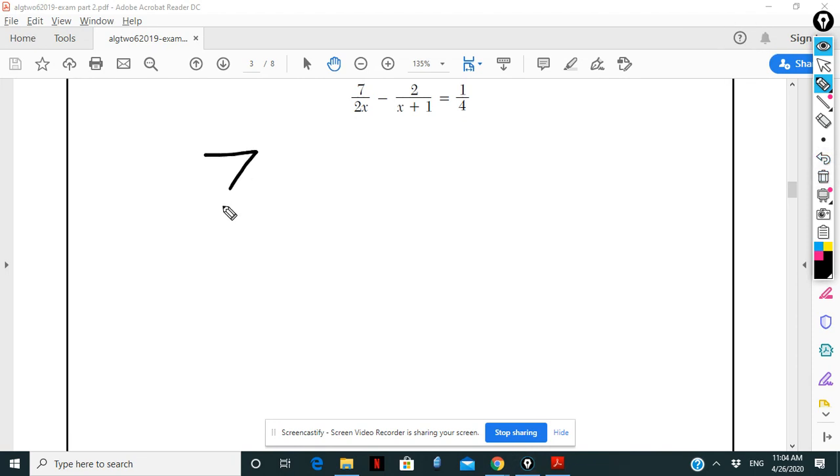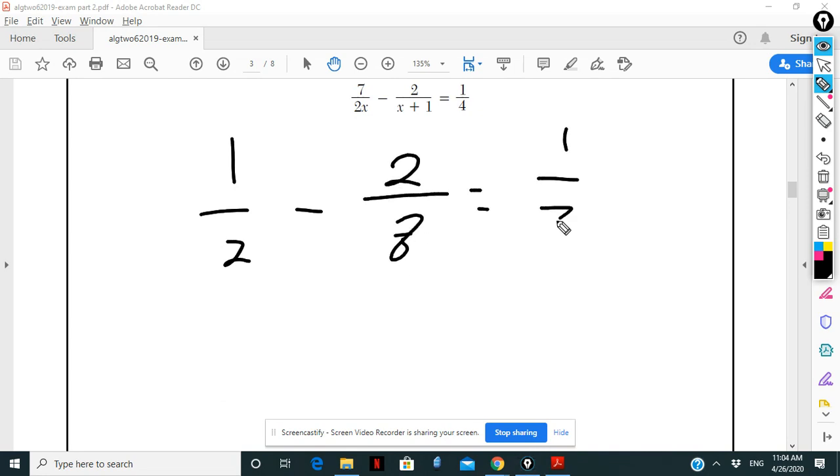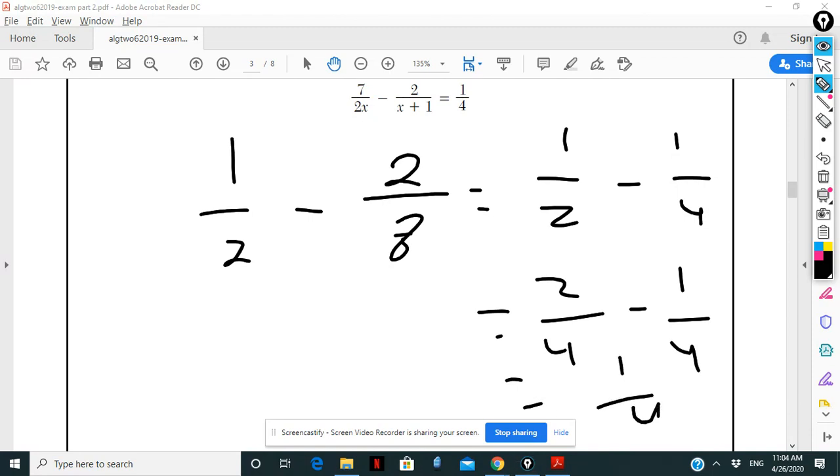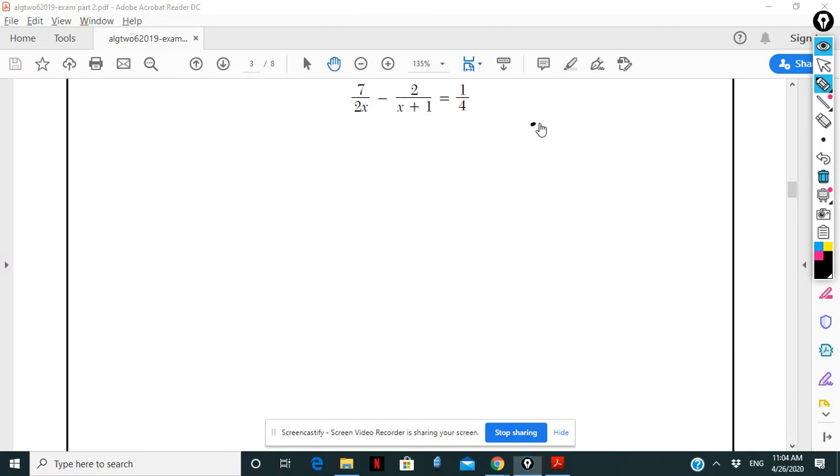So 7 over 14, which is half. Now I have half minus 2 over 8, which is half minus 1 over 4, which is 2 over 4 minus 1 over 4 equal to 1 over 4, and it's correct. So the answer is negative 2 and 7.